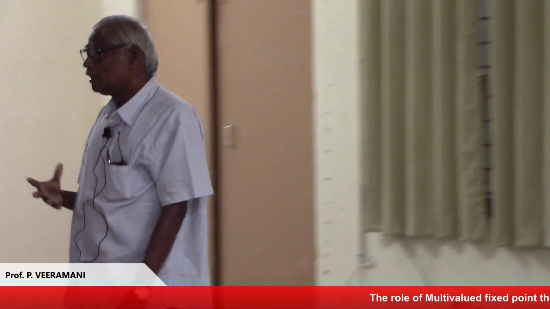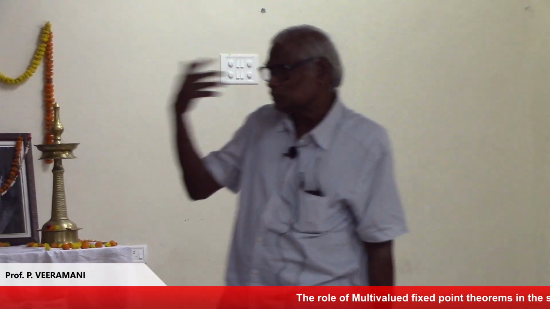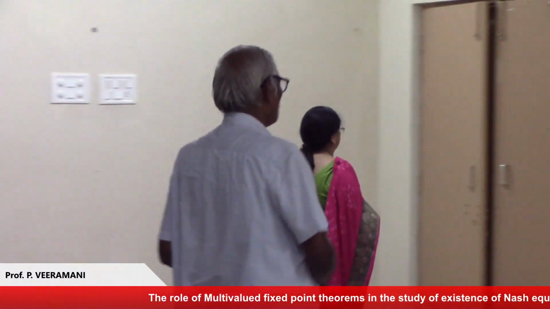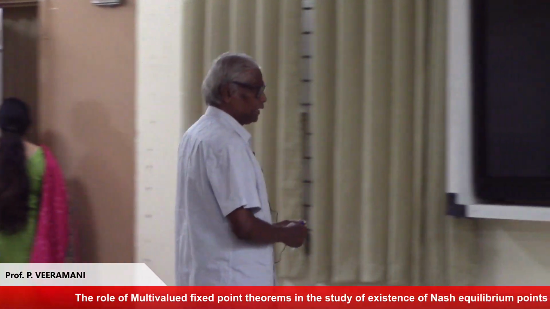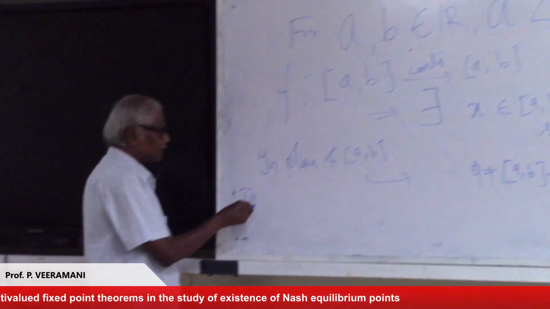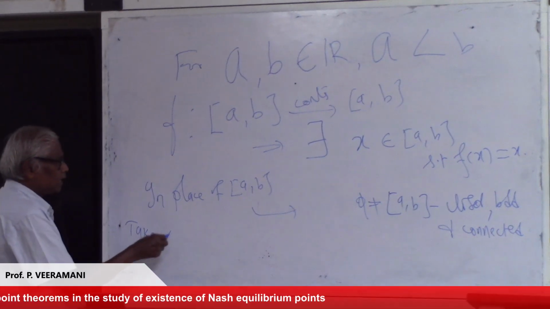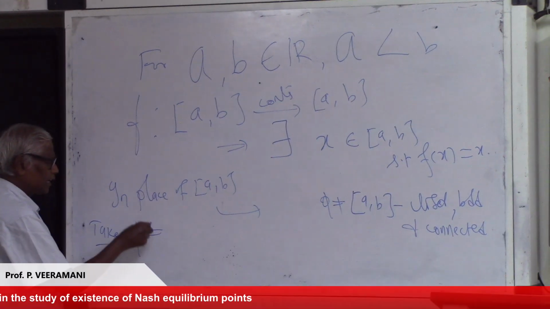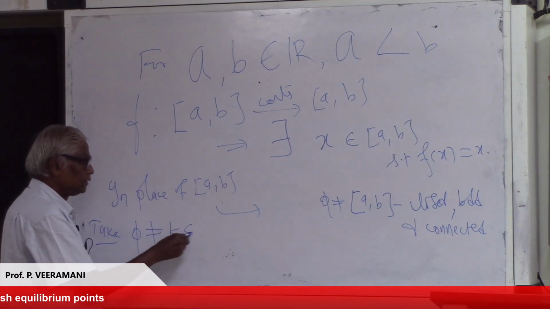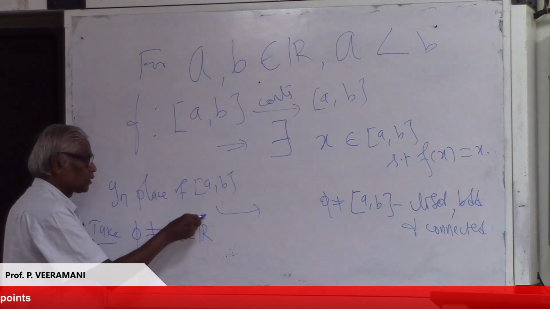So what will be the natural thing when you go to R2? In place of the closed interval [a, b], now take a capital A or K, whatever it may be. Capital K, a non-empty subset of R2.